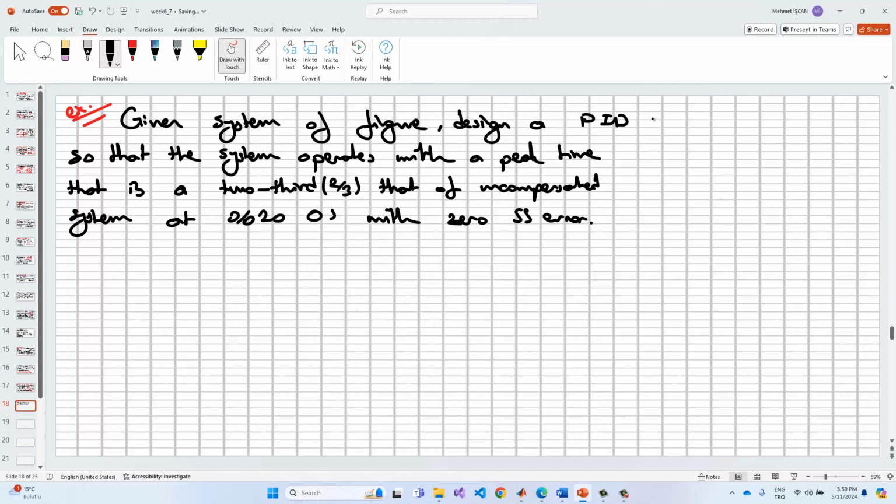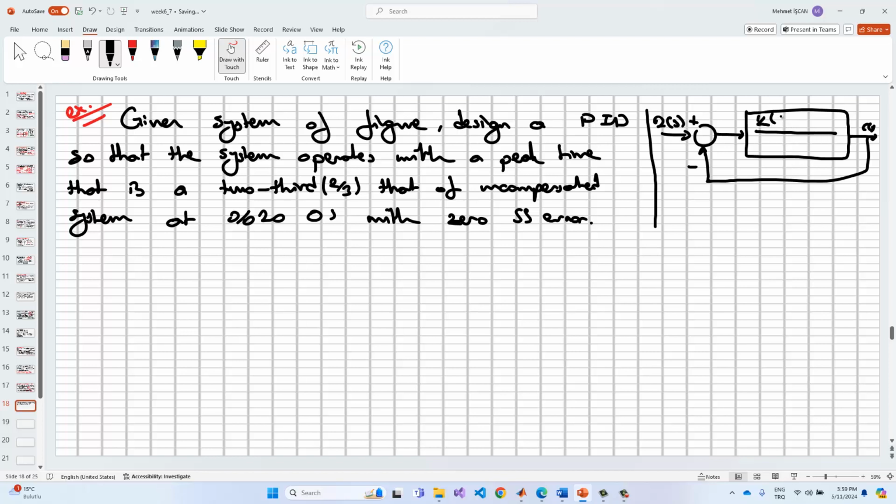Okay, the R system is just like this one, plus minus the CS and K S plus 8 S plus 3 S plus 6 S plus 10.